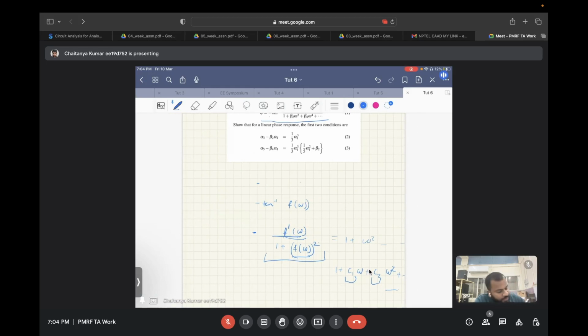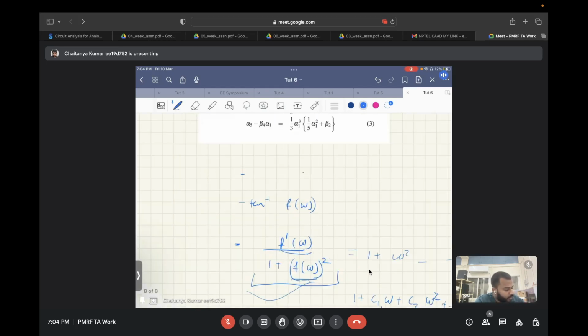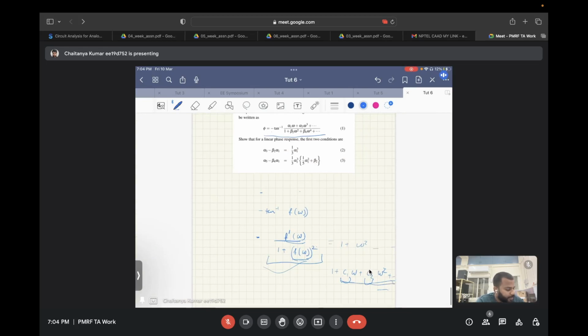I don't think you will need to go to higher derivatives, because here only you will get multiple constraints, right? Like C1 has to be 0, C2 has to be 0. Now this C1 will be some combination of alpha 1, alpha 2, beta, and so on.